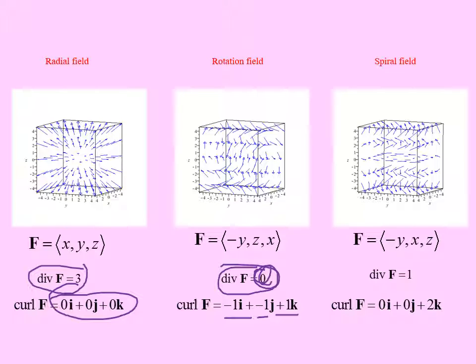And as you can see, that is technically called a rotational field. And in the last one, we have one that has a little bit of divergence and a little bit of rotation in one direction. Now that's rotating around the z-axis. You can see that clearly right here where z equals 0. You can see all of the vectors going in a circular fashion there.